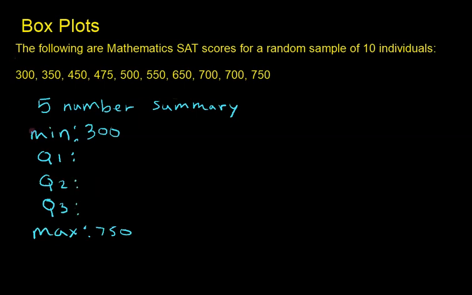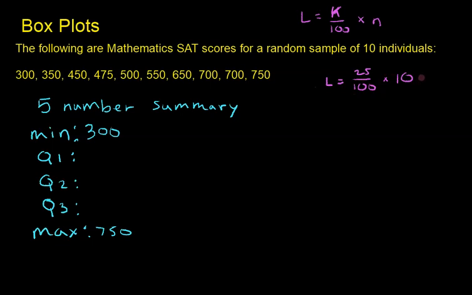To find the first quartile, I'm going to use this equation. Remember this equation, L equals K over 100 times N, where K is the percentile that you're looking for. The first quartile is the 25th percentile, and N is the sample size. So L equals 25 over 100 times 10.